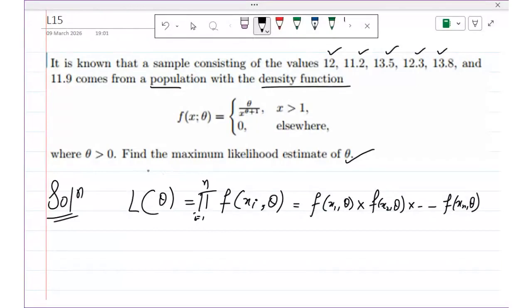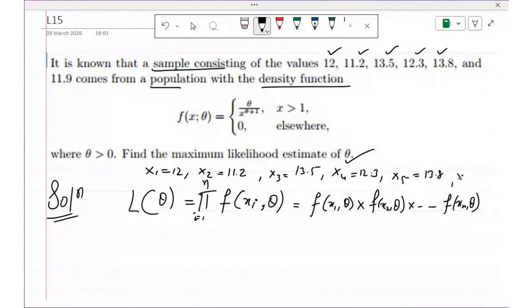So x1 is 12, x2 is 11.2, x3 is 13.5, x4 is 12.3, x5 is 13.8, and x6 is 11.9.